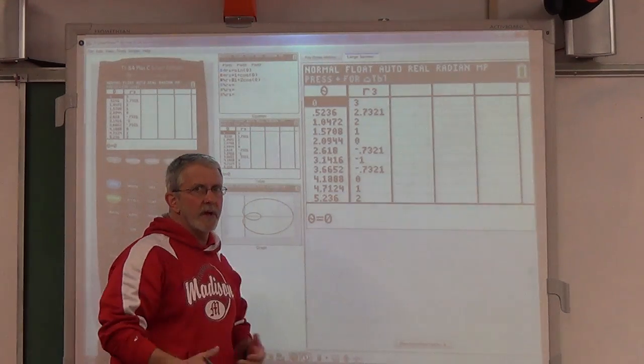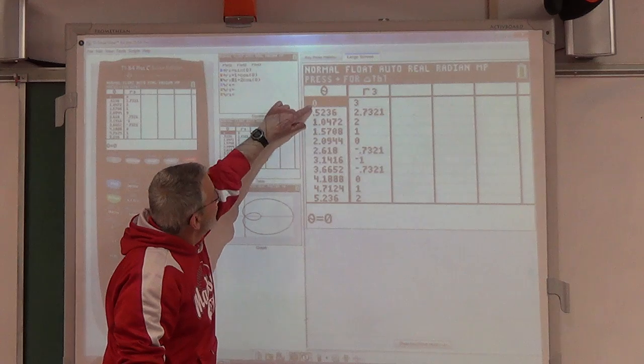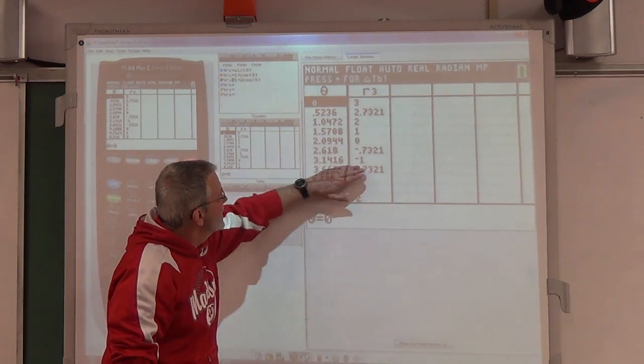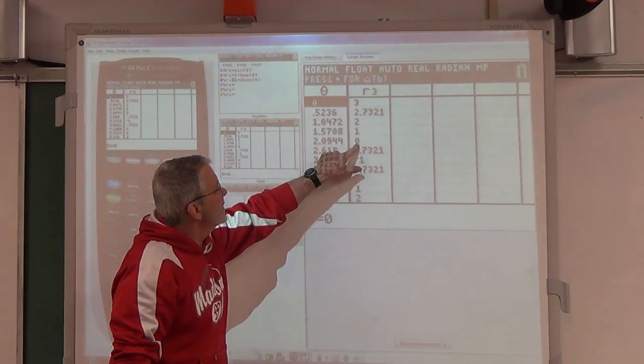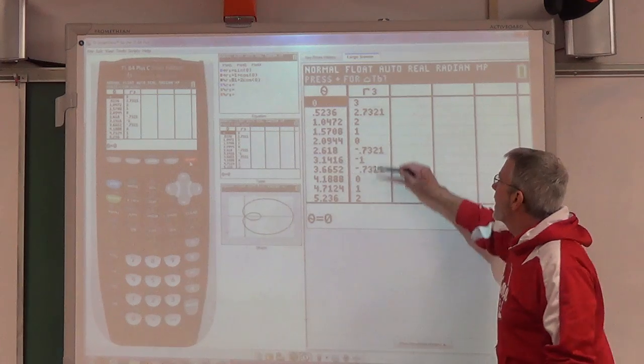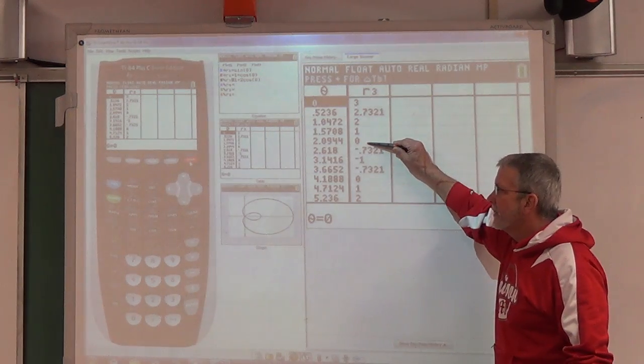Tables are so important. I love to look at tables. I have pi over 6, 2 pi over 6, 3 pi over 6, 4 pi over 6, 5 pi over 6, 6 pi over 6, negative. And look at where the r's become 0. R's become 0 right there at 4 pi over 6.